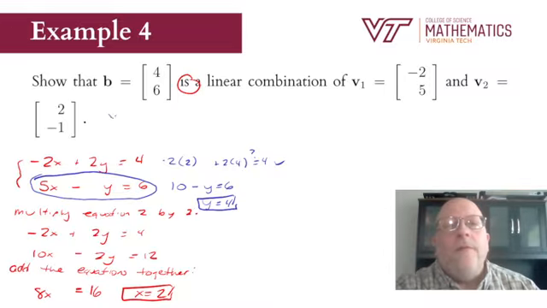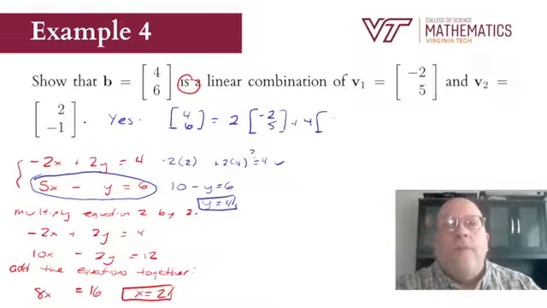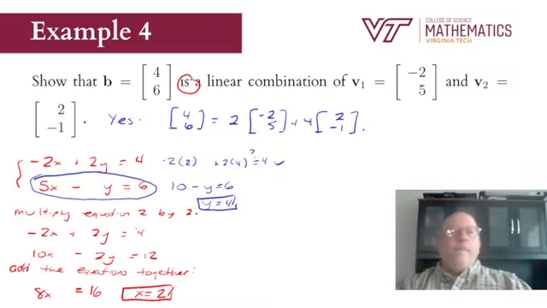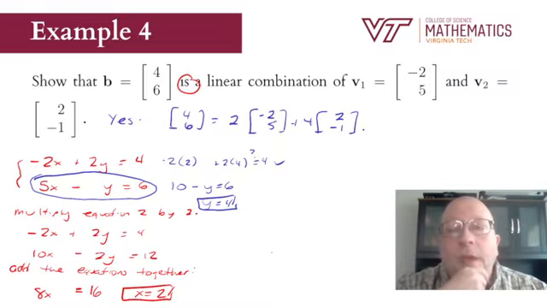And so yes, 4, 6 is a linear combination when we multiply the first vector by 2 and the second vector by 4. And we have an answer.